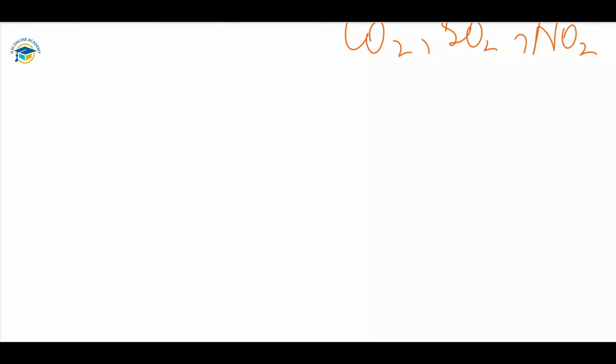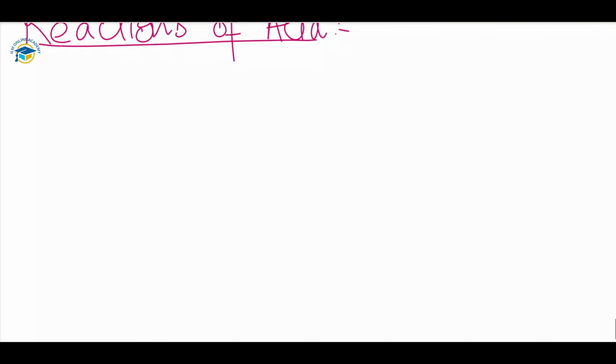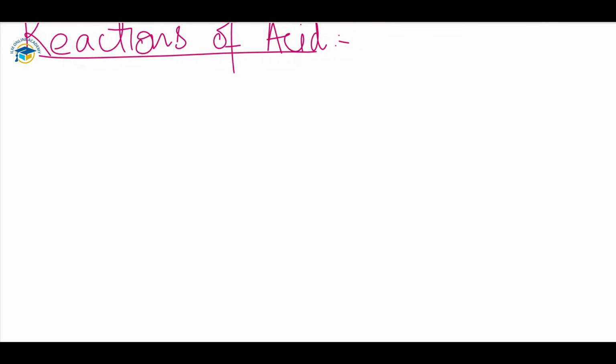This is the last topic of today's chapter: the characteristic reactions of the acids. There are three major chemical reactions in which all acids take part, and these reactions are best seen by using dilute acidic solution.